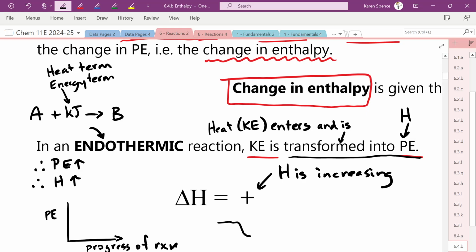Do we start high and finish low, or do we start low and finish high?